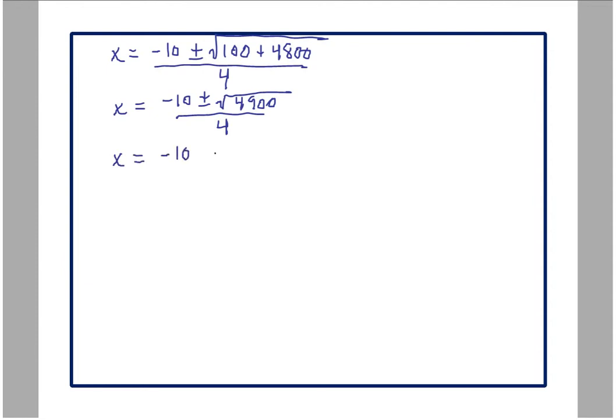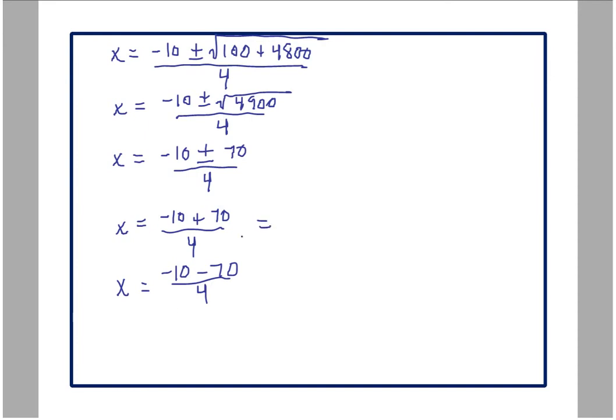So negative 10 plus or minus the square root of 4,900 is 70. And divide that by 4. And with the plus or minus, now we have two options. X equals a negative 10 plus 70 over 4, or x equals a negative 10 minus 70 over 4.